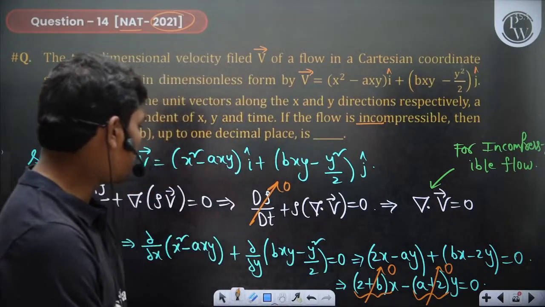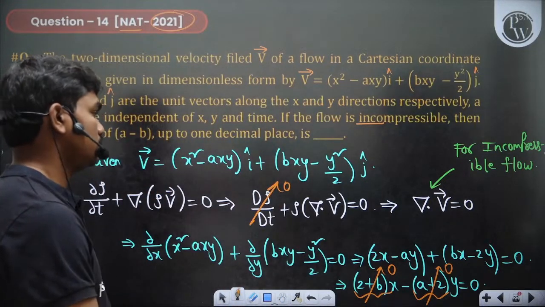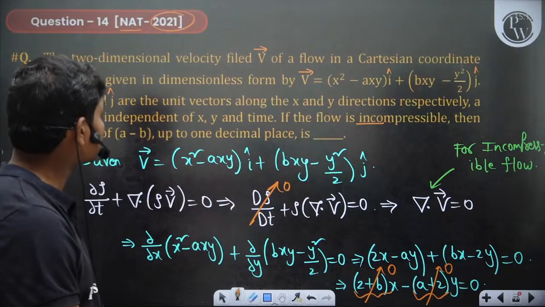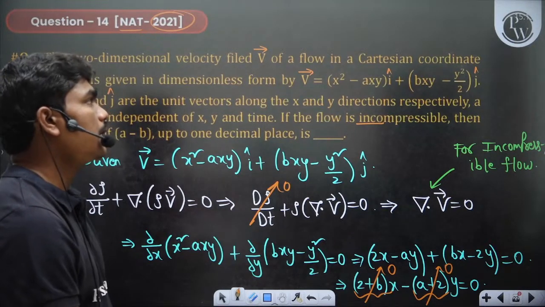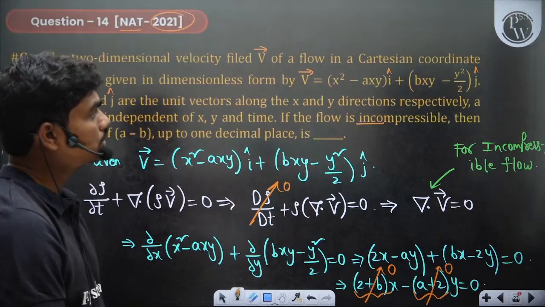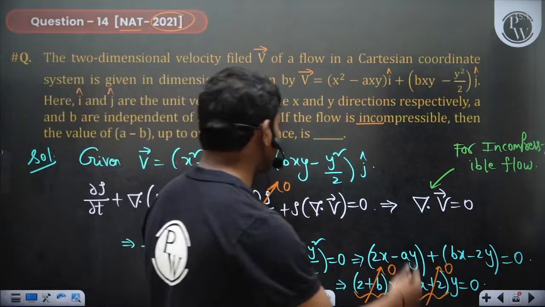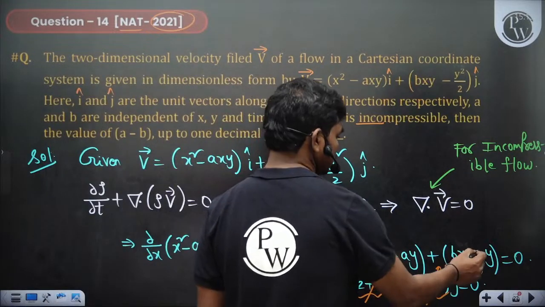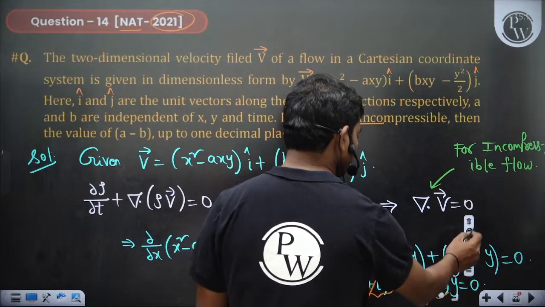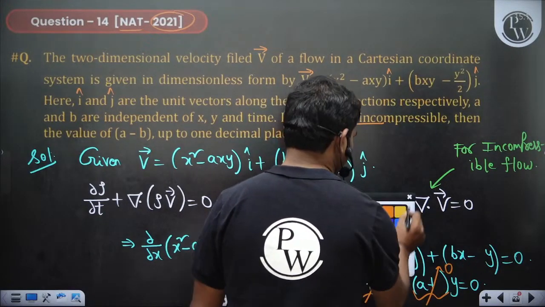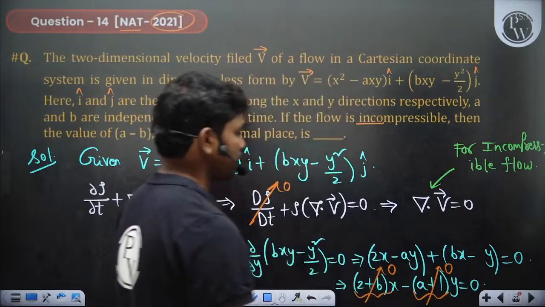A plus 1, is it? 2x − ay plus bx − y²/2. Achha, y²/2 is there, so there is no 2 here. Yeah, correct, it should be 1.